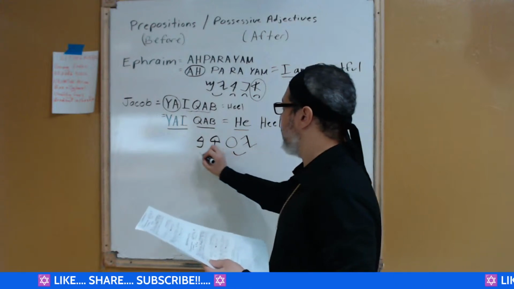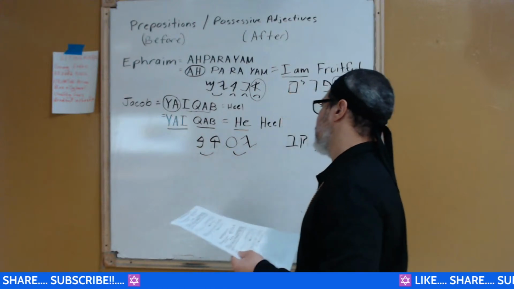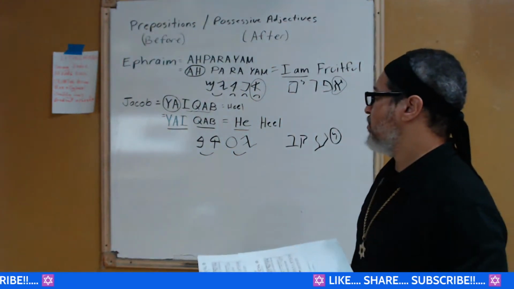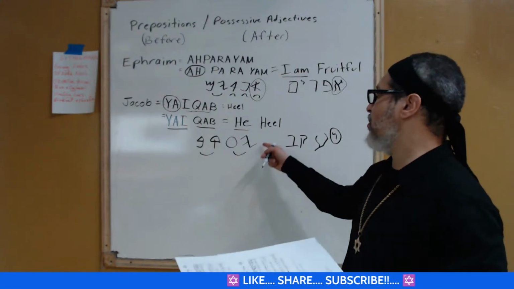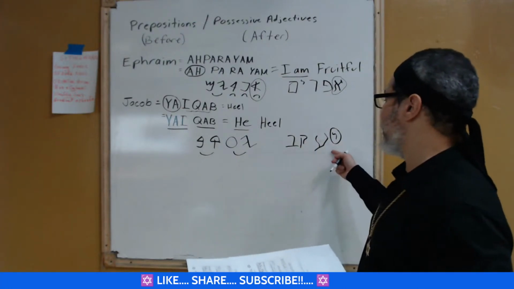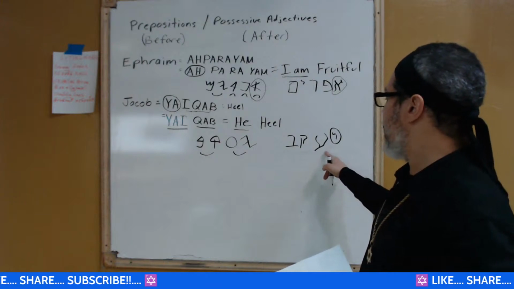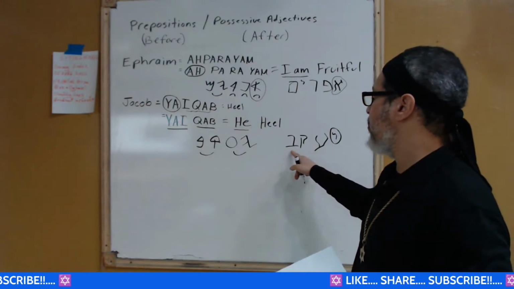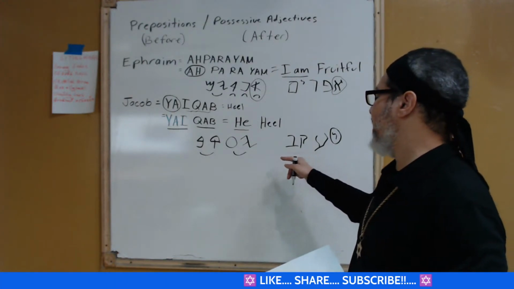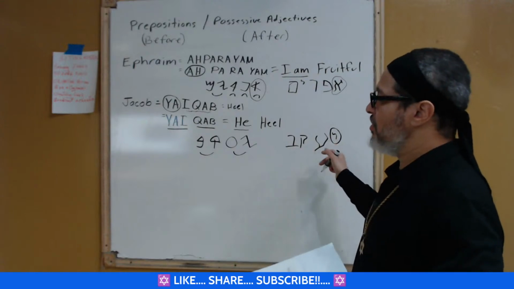Yai, quab. So like when I first learned this, because this is how I was reading, I was saying Ya, I, quab. But it's actually Yai.